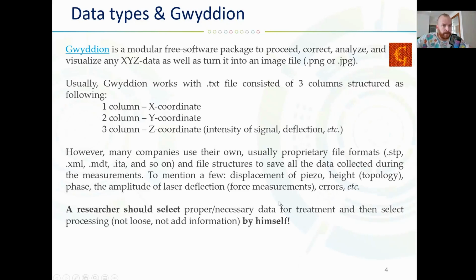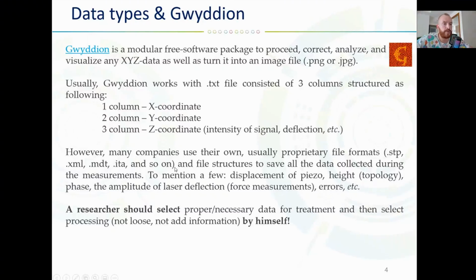Unfortunately, with our IFM microscope that is installed, we have just a TXT file with these three coordinates, but many companies have their own files where they store all the information they need, like what is the device name, what is the serial number, and so on.